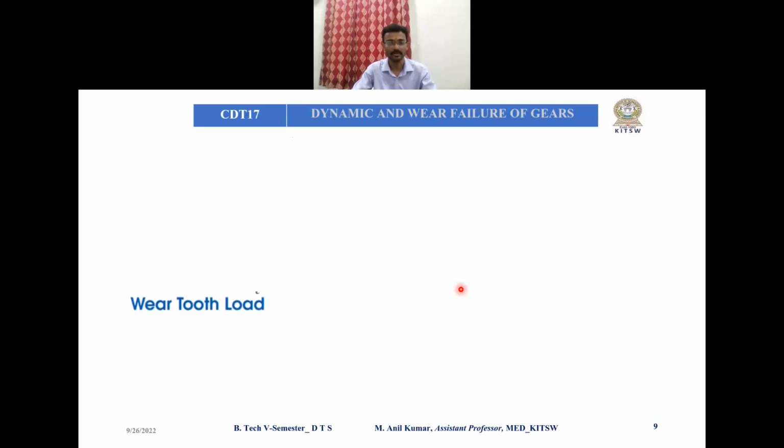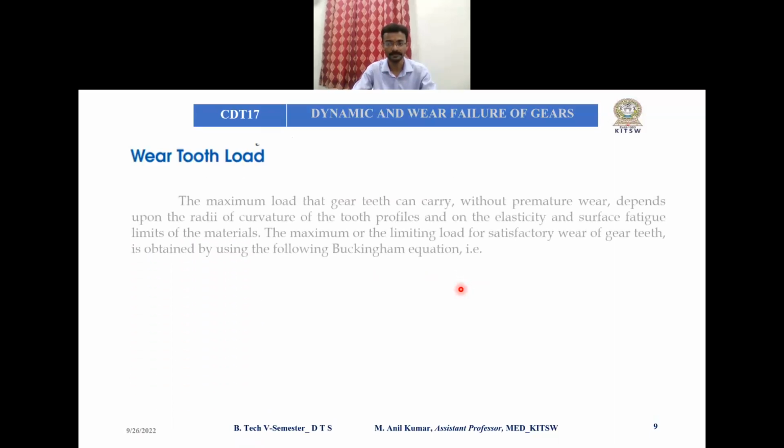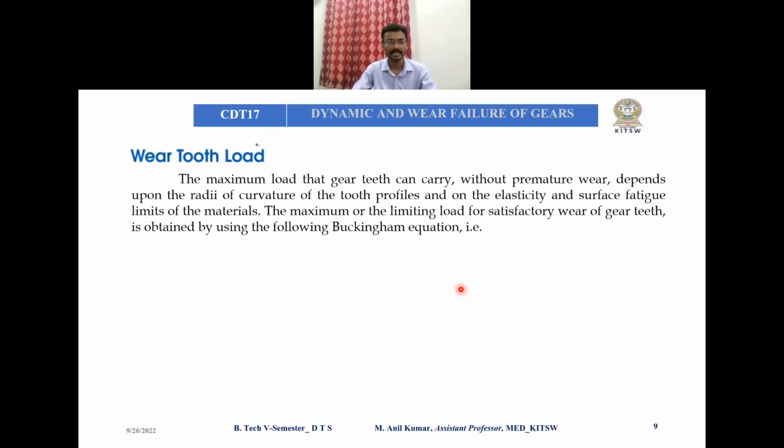And now wear load. The maximum load that gear teeth can carry without premature wear depends upon radii of curvature of tooth profiles and on elasticity and surface fatigue limits of materials.